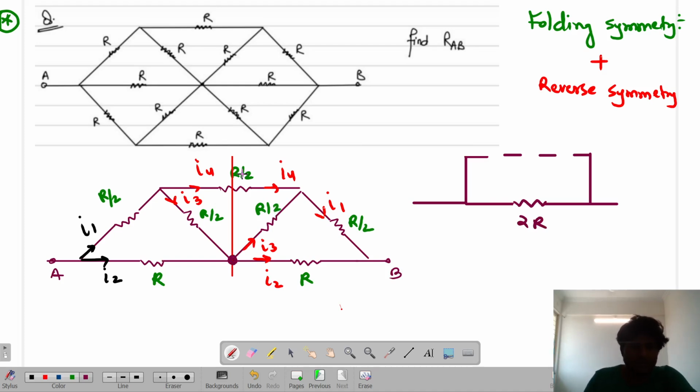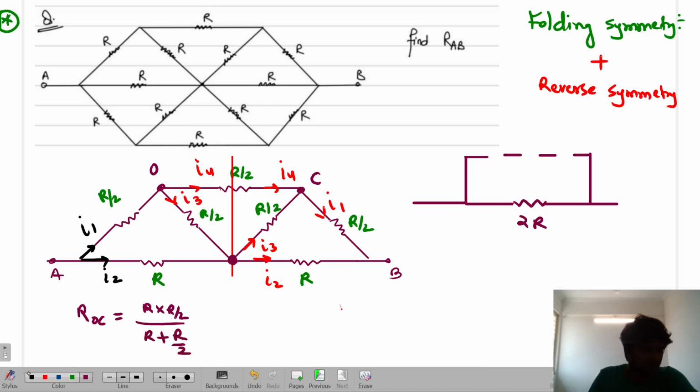So let's suppose this is O and this is point C. So the resistance between OC will be simple: R into R by 2 divided by R plus R by 2, so how much will it be? R by 3.